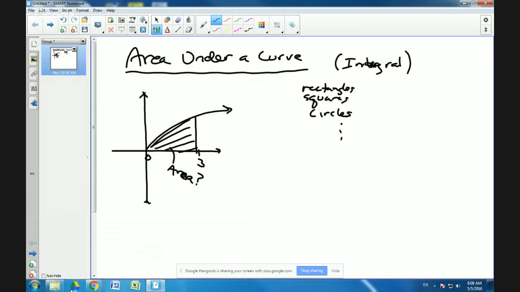We start out, how I'm going to start you today, estimating or approximating. So we're going to start with approximating it with either rectangles, trapezoids, rectangles or trapezoids. You might throw a triangle in there once in a while, okay?